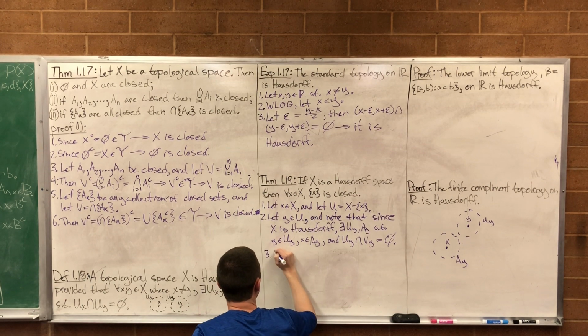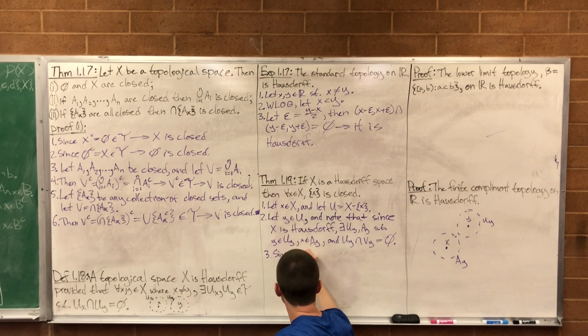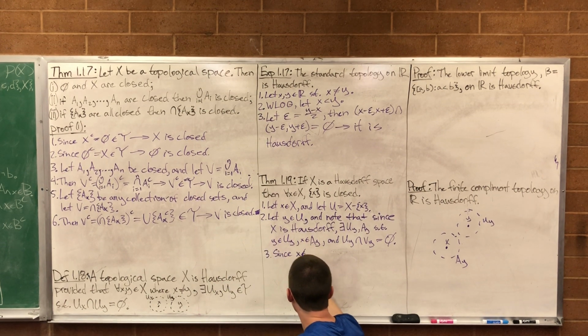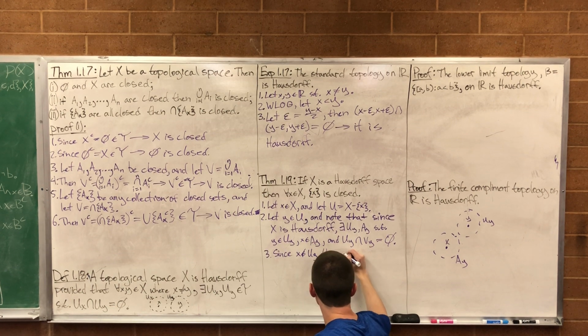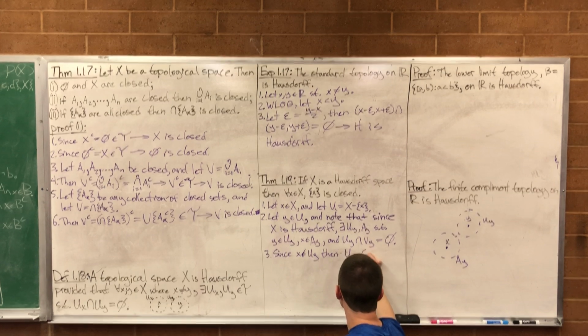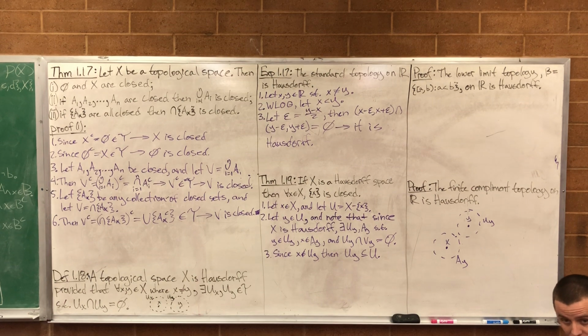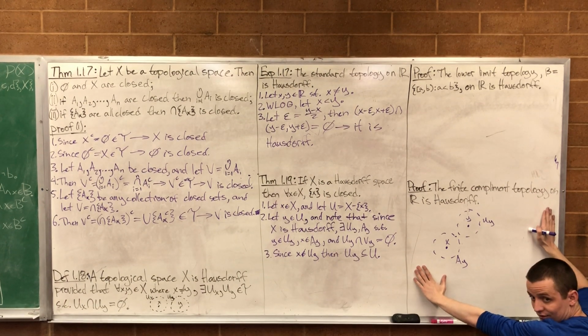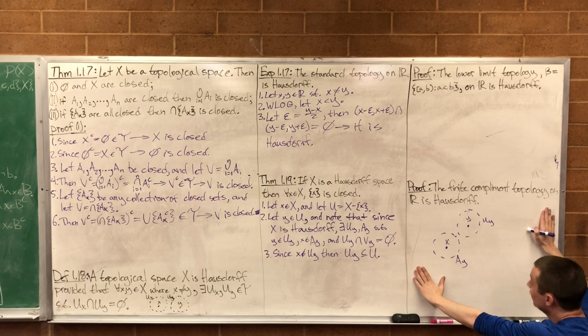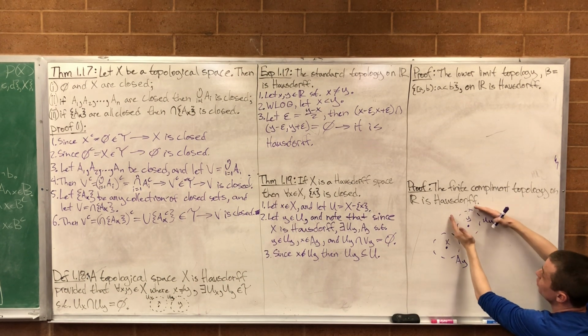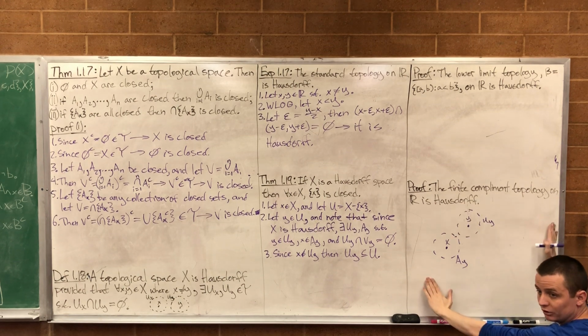Then, since x is not in U sub y, then U sub y is a subset of U. What was U? U is everything that's not x. Since x isn't in this U sub y, then this U sub y is a subset of U. Does that make sense?